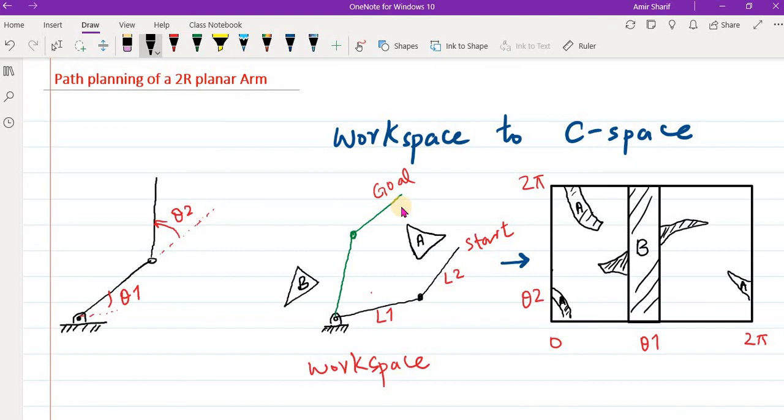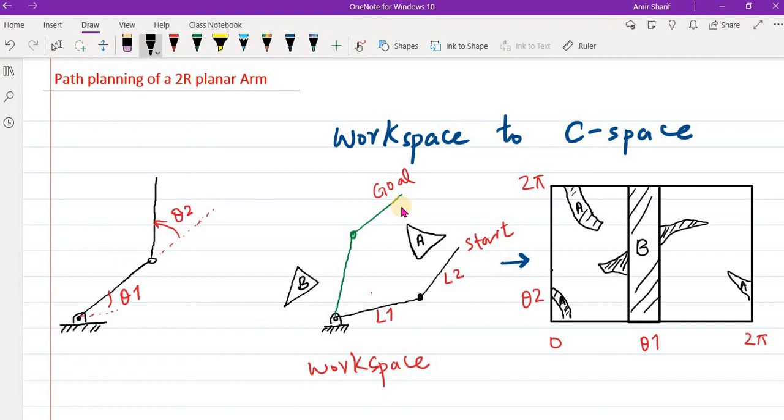So this is obstacle A. Sorry, this is again obstacle A in the C space. You see that one obstacle can be split into multiple obstacles in your C space. One portion is here, one portion is here, and then there is also one small portion here.